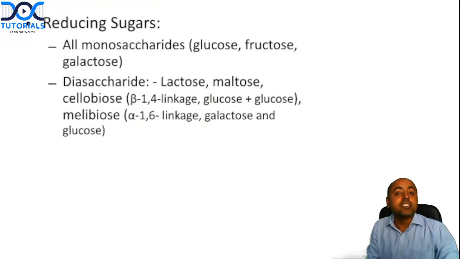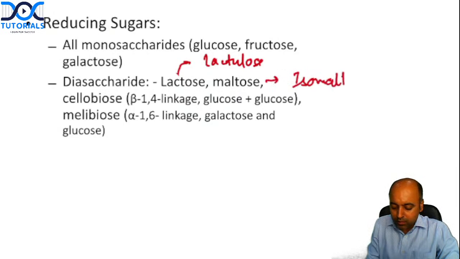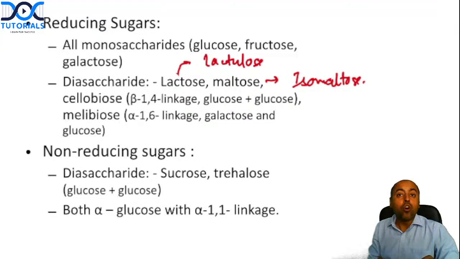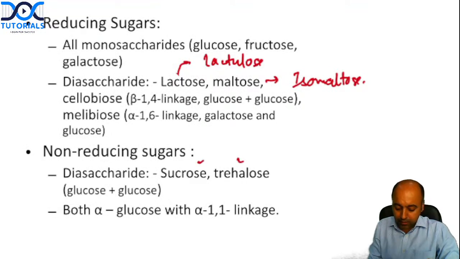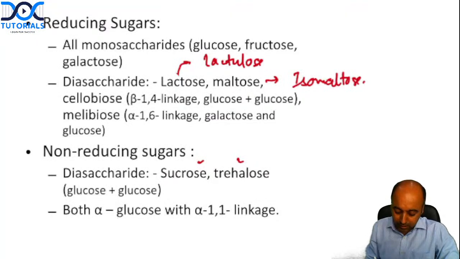Some of the disaccharides are reducing and some are non-reducing. Lactose, maltose, cellobiose, melibiose, and even molecules like lactulose and isomaltose are reducing disaccharides. On the other hand, the non-reducing disaccharides are sucrose and trehalose.